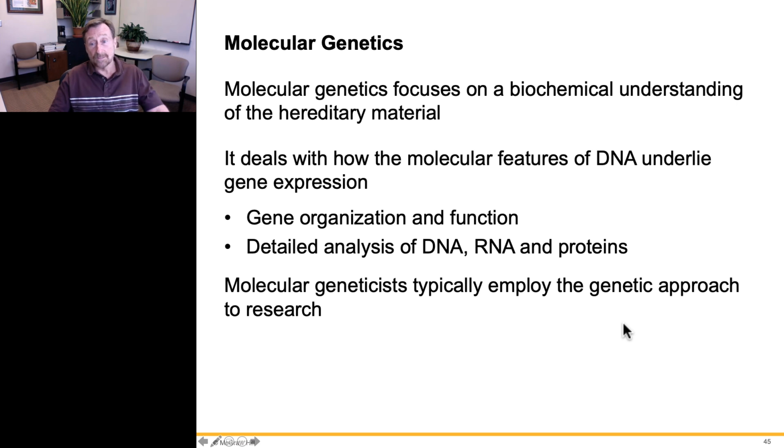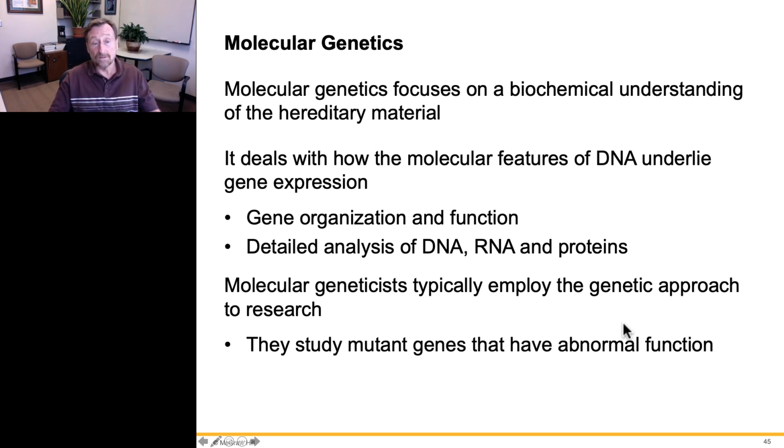They typically employ a genetic approach, and what that means is a lot of times in molecular genetics, researchers identify mutants that don't function properly, and they compare the mutant with the non-mutant organism, and that helps you oftentimes to figure out what the functional or non-mutant gene actually does.